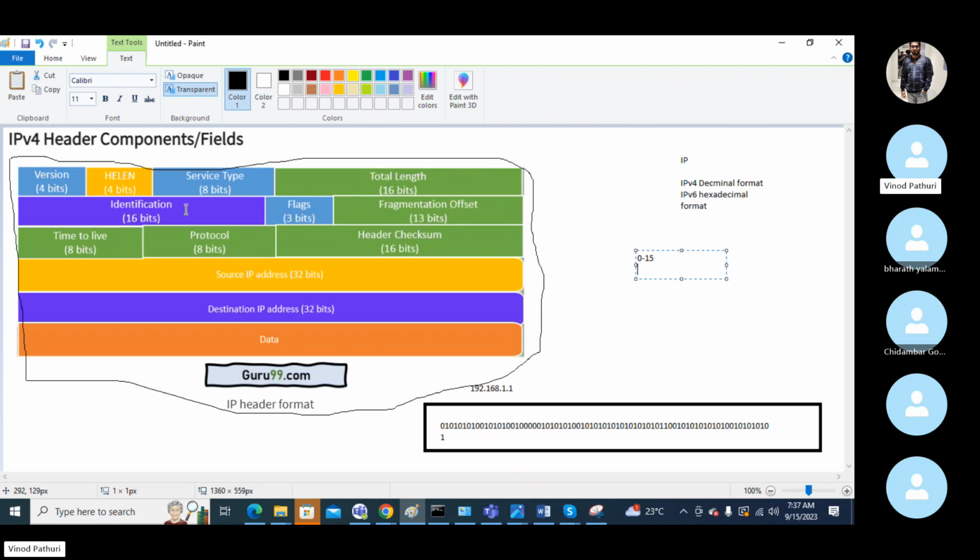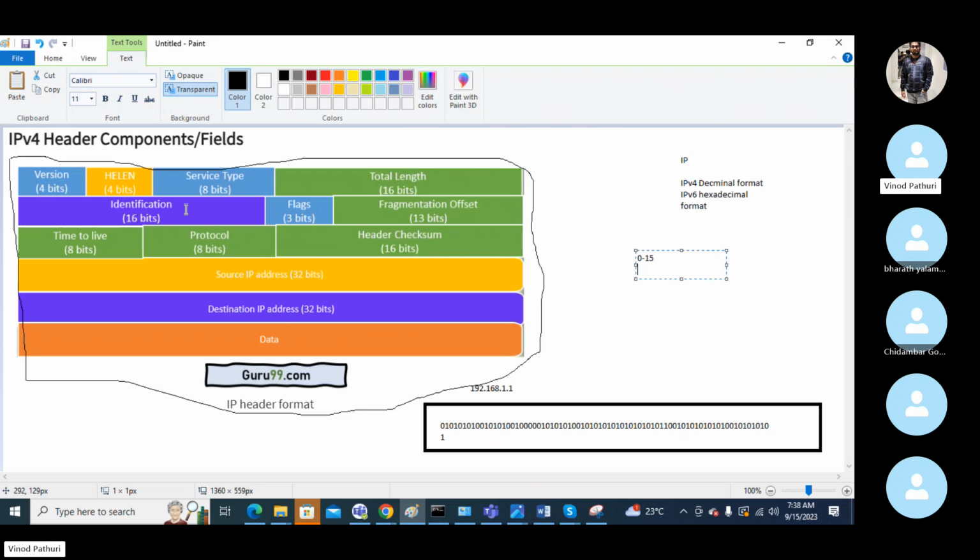Identification relates to what we talked about earlier: fragmentation. In the data link layer, the data is divided into frames, and when we do that, the division is called fragmentation. Whenever a fragment is transferred, it will have an identification number before it, which is a 16-bit number to identify the fragment.